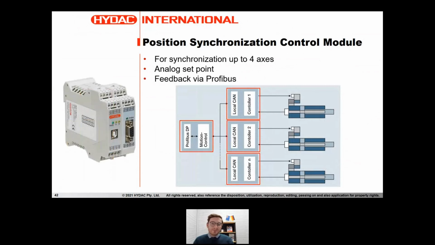It'll connect to the other modules, which will control their own cylinders, and it'll sync up the movement using a master-slave methodology. So again, really nice feature if you have complex motion control requirements. It might be more difficult to program, for example, if you have a PLC, but if you have one of these modules, it does the control for you.